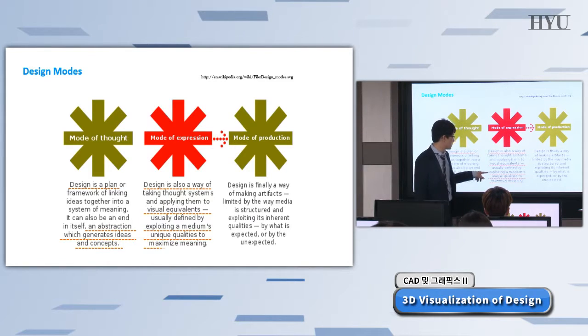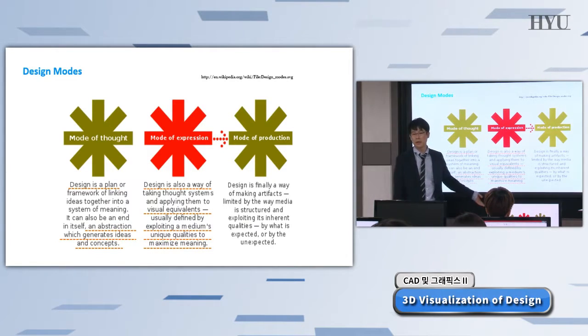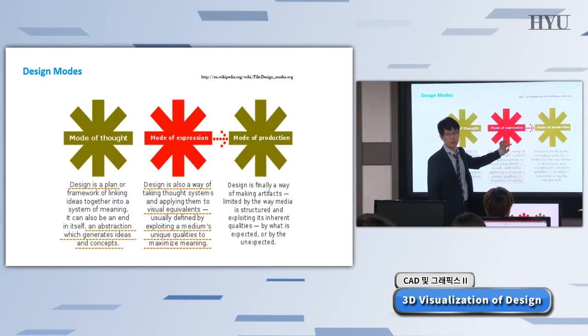By exploiting a medium. What is the medium for this semester? Mostly 3D Max, okay? To maximize its meaning. To maximize its meaning means the same as visual equivalence between your idea and your visualization, okay?